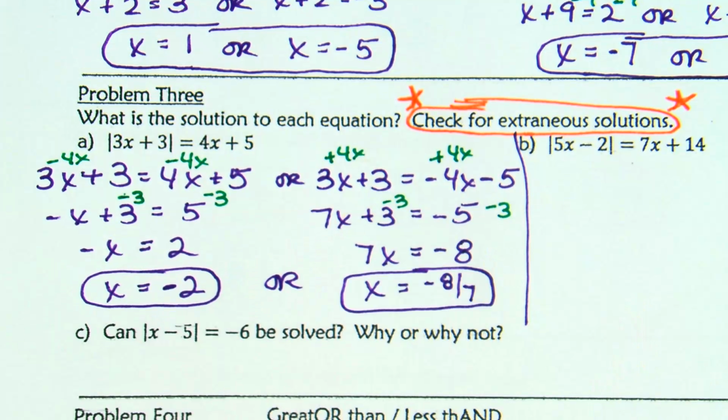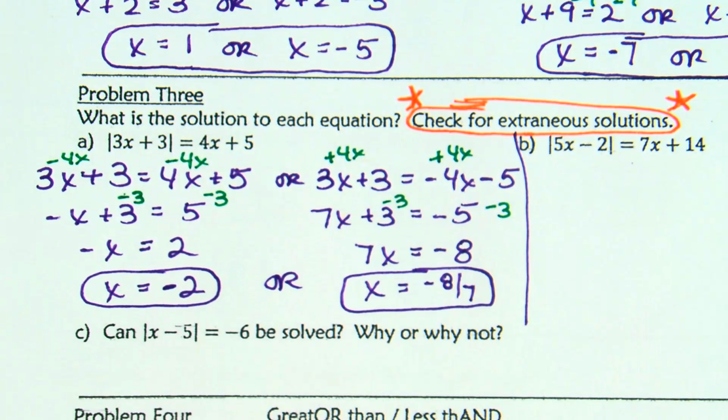The fact that it was absolute value of 3x plus 3. Well, what's the first answer I'm going to put in? Negative 2, right? So I'm going to say the absolute value of 3 times negative 2 plus 3 equals 4 times negative 2 plus 5. So I'm going back to the original given equation.